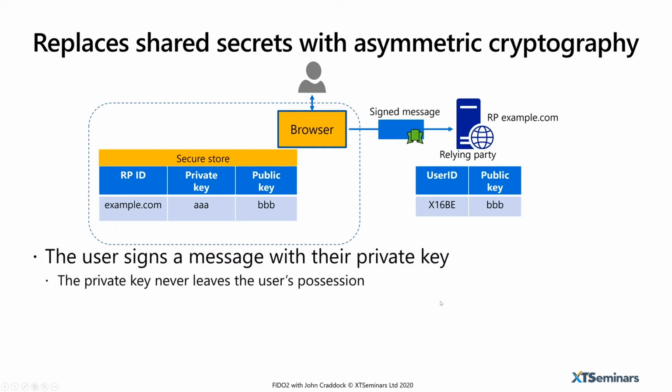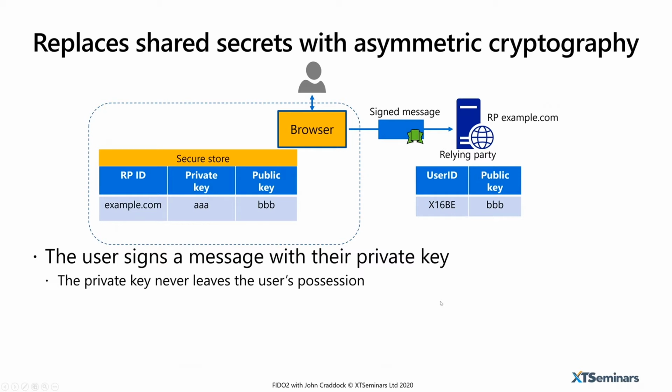So what this allows us to do is send a signed message from our browser to the relying party. The relying party received the signed message. What was it signed with? It was signed with a private key that never leaves the user's possession. It arrives at the relying party, and what the relying party can do is, using the public key, verify the signature. And in verifying the signature, it proves two things.